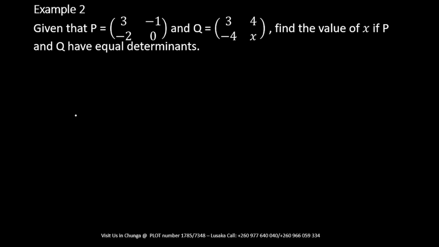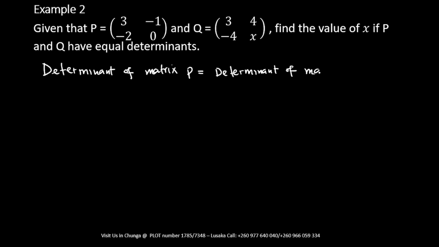Okay, equal determinants. So what are these people trying to say in this question? This question is trying to tell us that the determinant of matrix P is equal to the determinant of matrix Q.